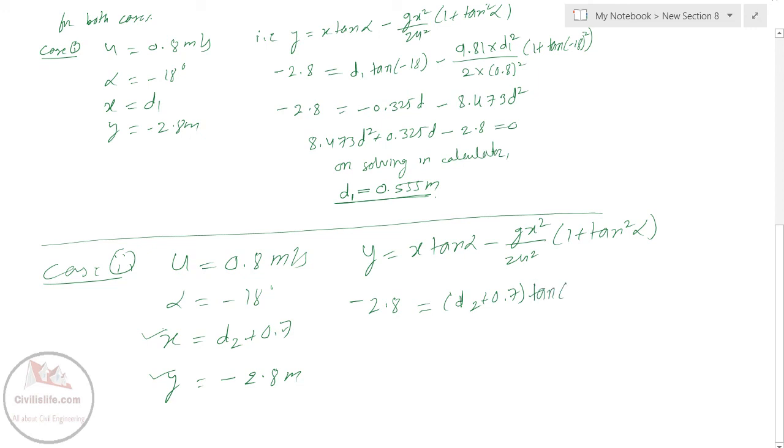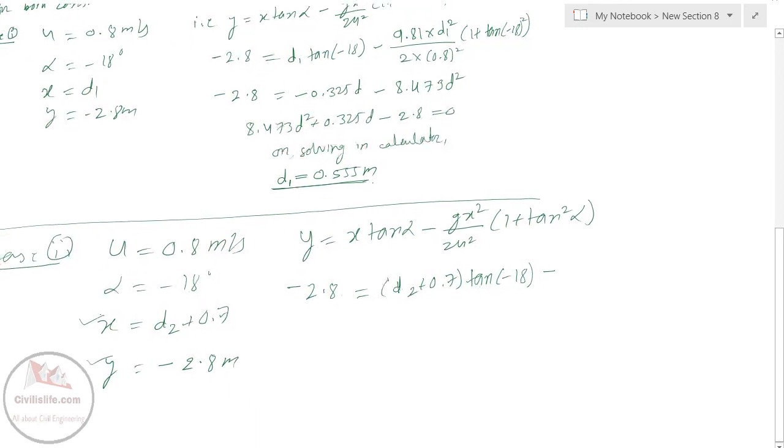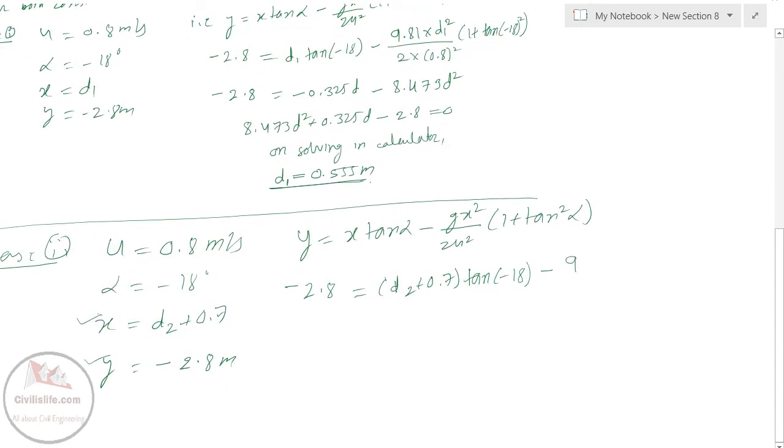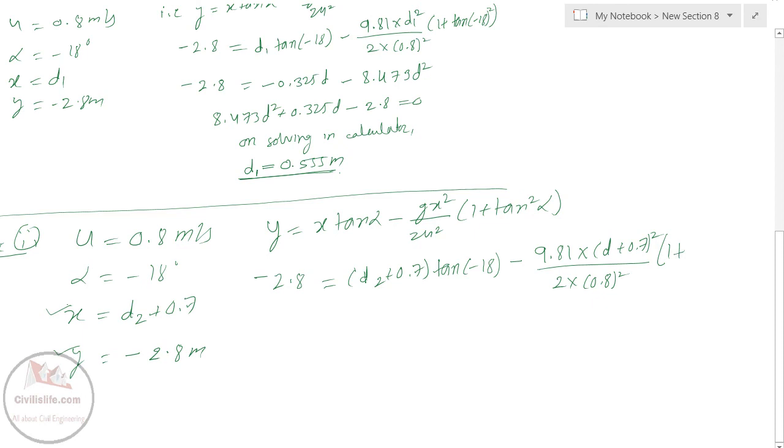It is tan minus 18, minus g, which is 9.81, multiplied with (d plus 0.7) whole square, upon 2 multiplied with 0.8 square, and this has to be multiplied with 1 plus tan square of minus 18.